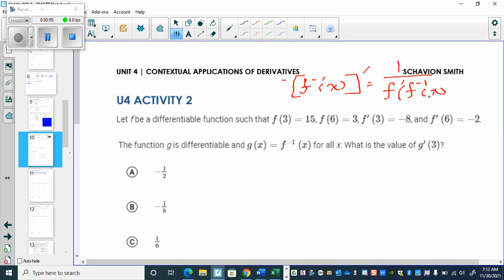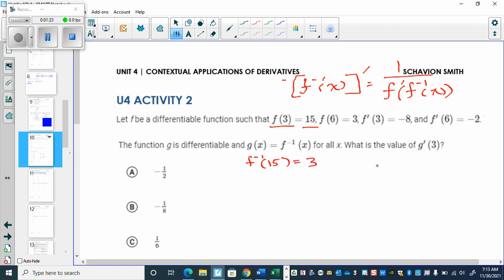All right, if I can find this in here, I can produce the derivative of this inverse. So when they give you f of 3, then you can conclude that f inverse of 15 equals 3.